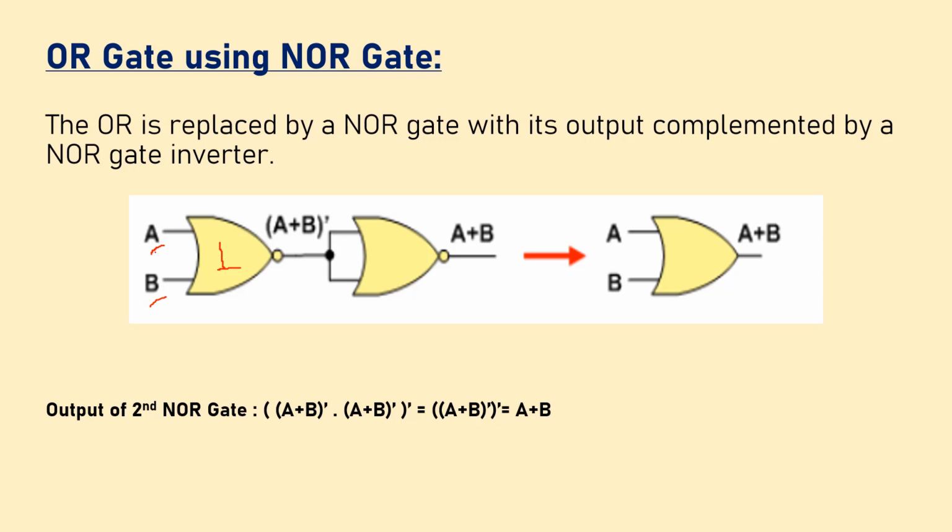The first NOR gate has two inputs A and B, and we can see the output is (A or B) whole complement, and this is the input given to the second NOR gate. So (A plus B) whole complement is given as an input to the second NOR gate, which produces the output.